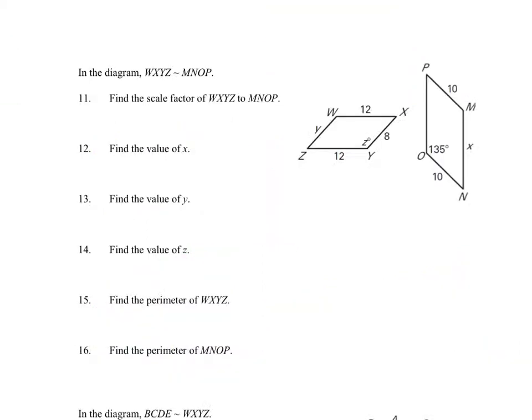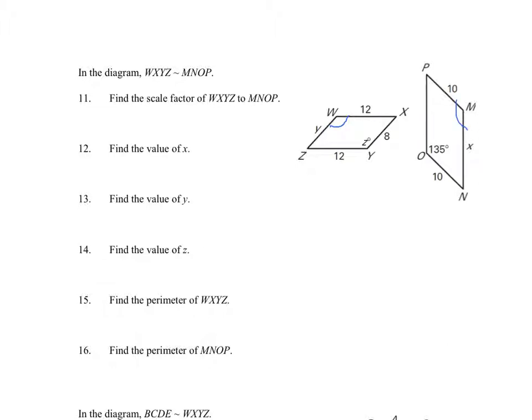Alright, then we have the problems where we talk about similarity. In this case, these two shapes, WXYZ and MNOP, are similar. We know that from the similar symbol that's right there. And the order that those are listed in tells us a lot. It tells us what angles match up with each other. If you really wanted, you could go through and match up to say that W and M are congruent.